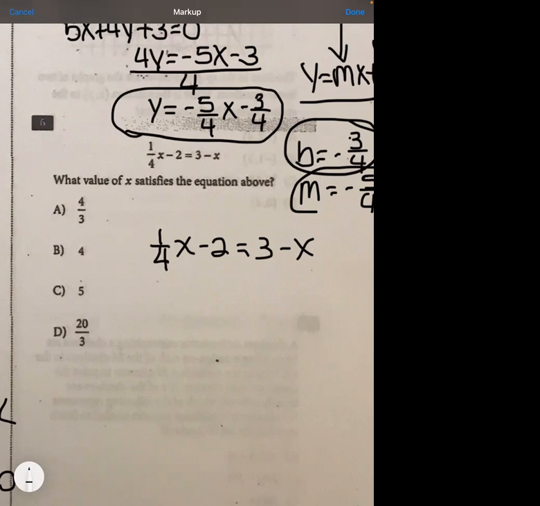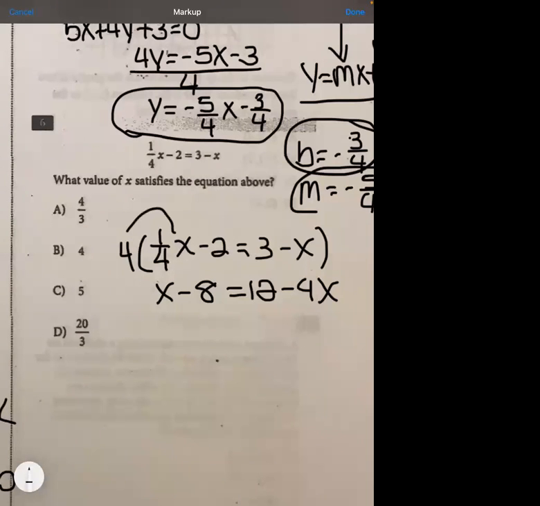In order to take out this fraction, we can multiply this whole equation by 4. What I did there was distribute the 4 to both sides of the equation. And we get this.